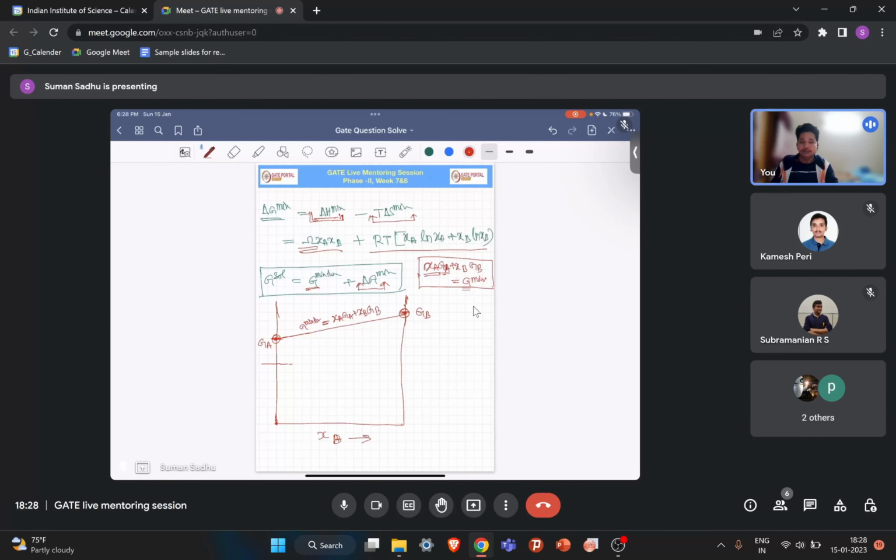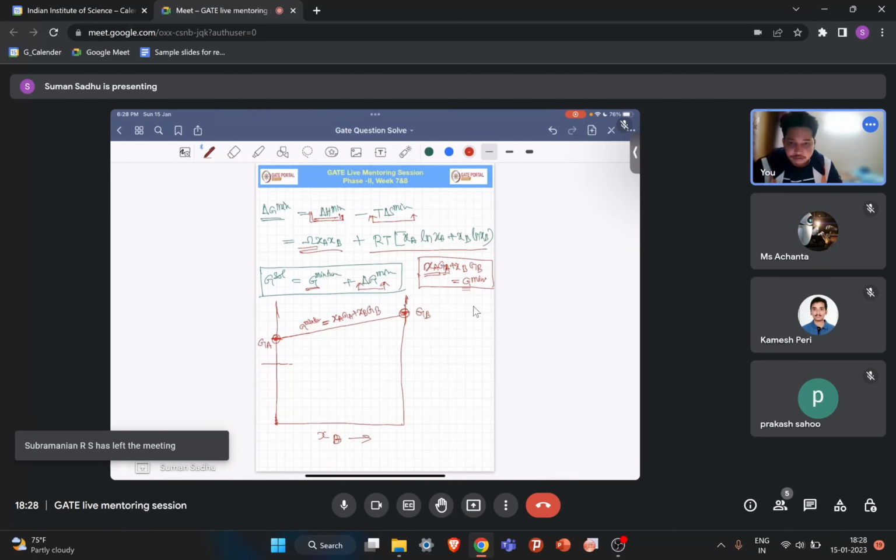If it is negative, it will be in the negative direction. Okay, so now let us consider first that omega is negative, let's say. If the omega is negative, then what will happen? Your delta H mix is also, sorry, in the negative direction.